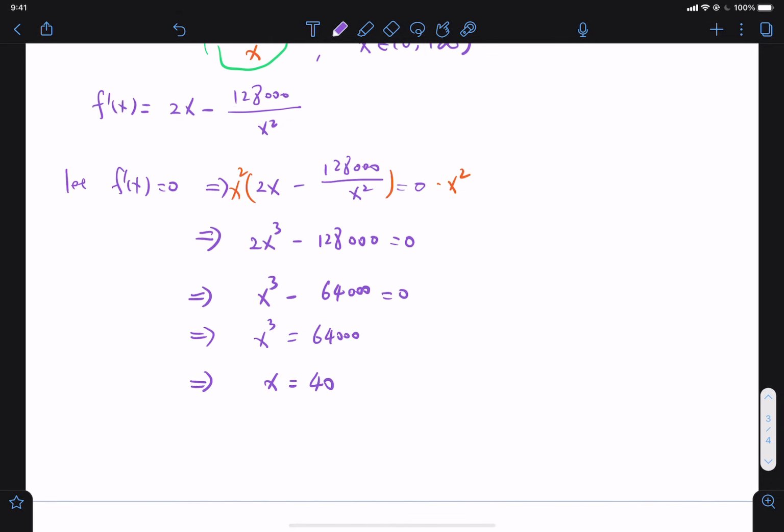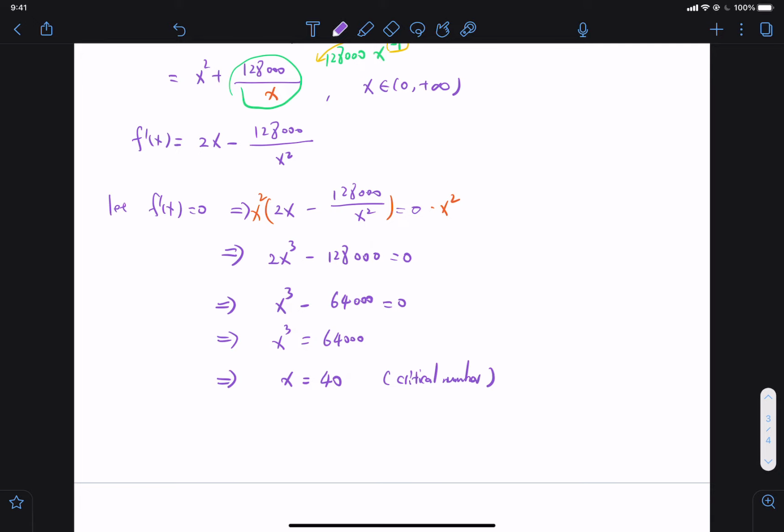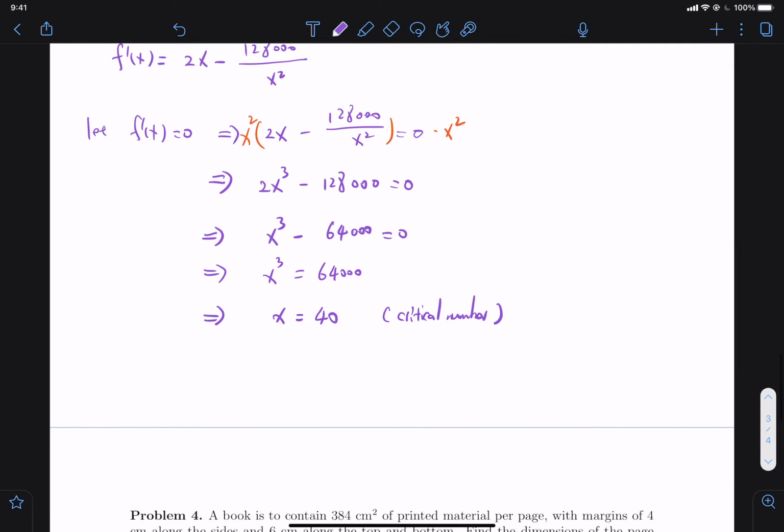And since the interval that we're working on is from 0 to positive infinity, and we only have one critical number, we consider the limit of the function at both ends.